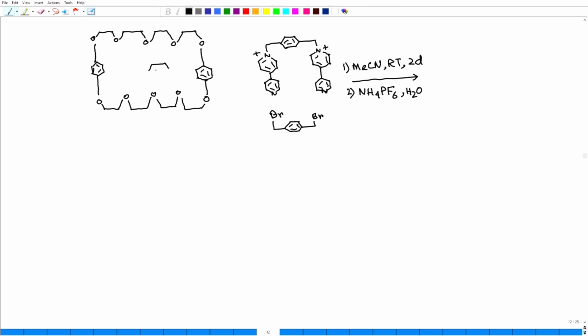So I will write this. Then I write this one. This part I am writing N positive, N. It is not a very good looking drawing, but it conveys the message.